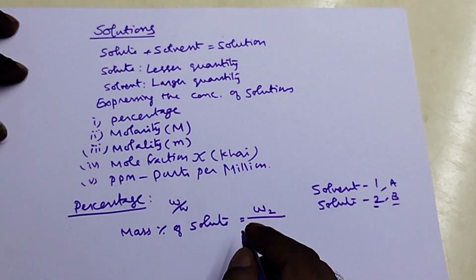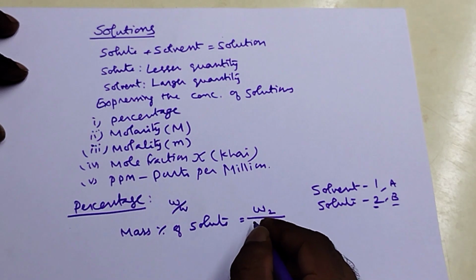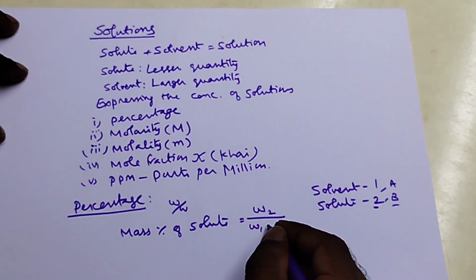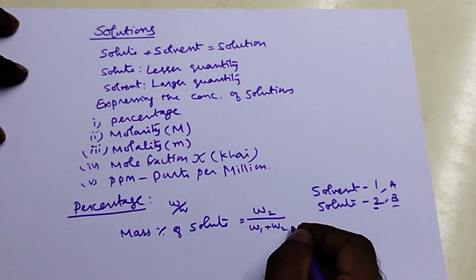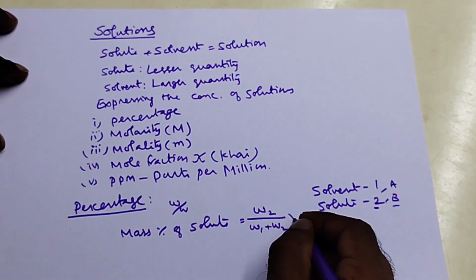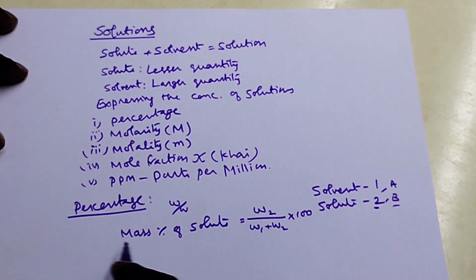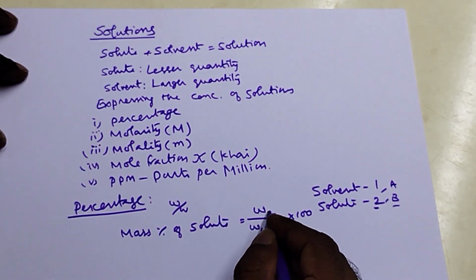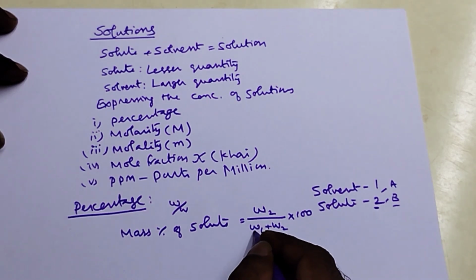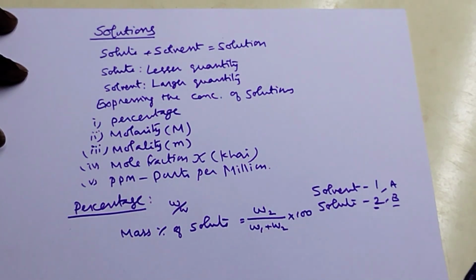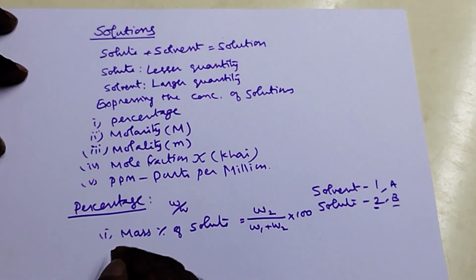Then the total mass of solute and solvent. The mass percentage is multiplied by 100. This is the formula for finding the mass percentage of solute: mass percentage is the mass of solute divided by the total mass of solute and solvent, into 100. Suppose you want to find the mass percentage of solvent.